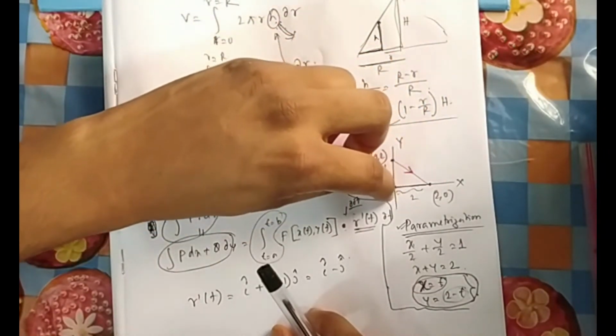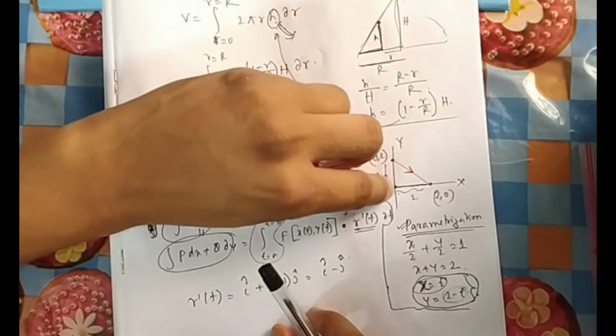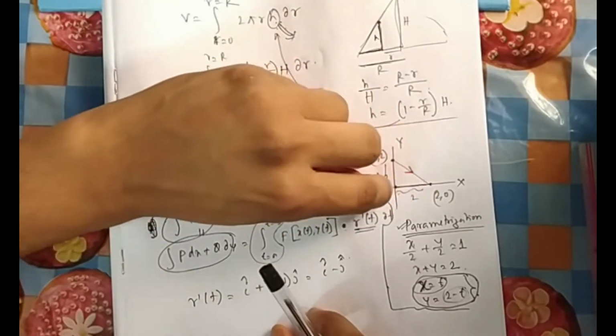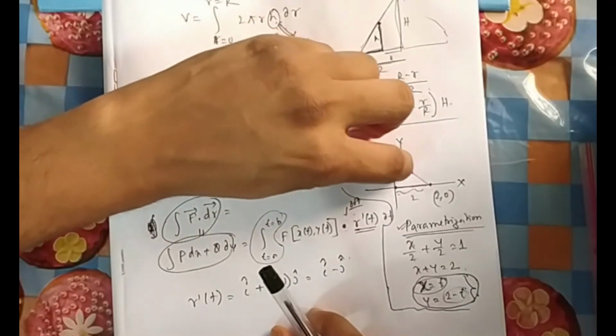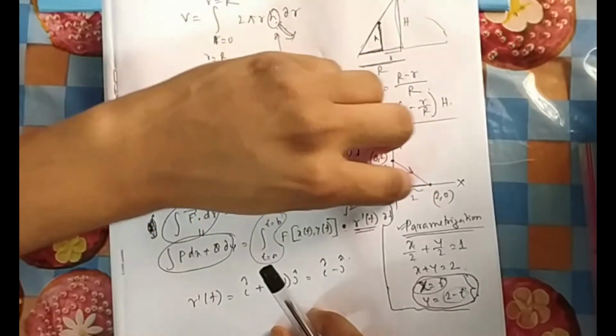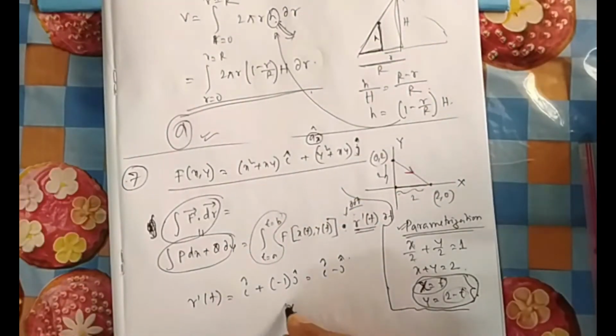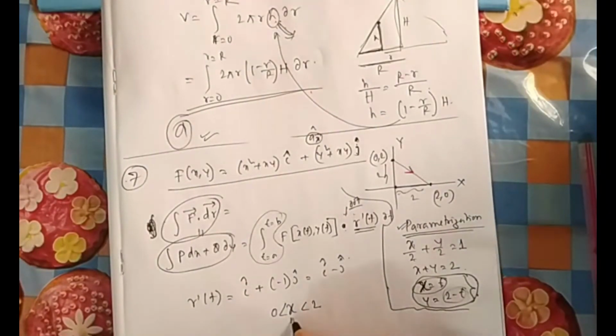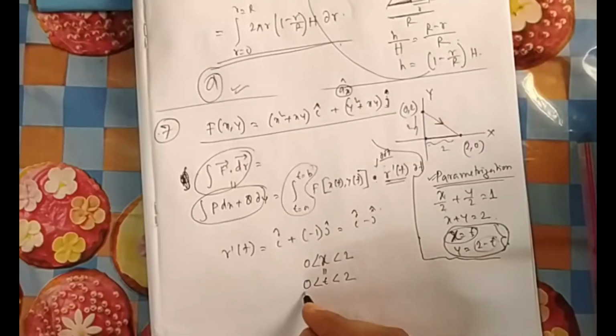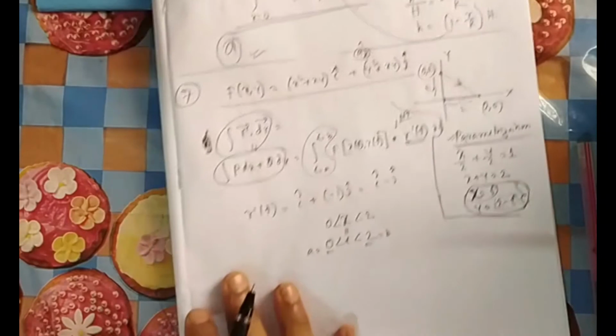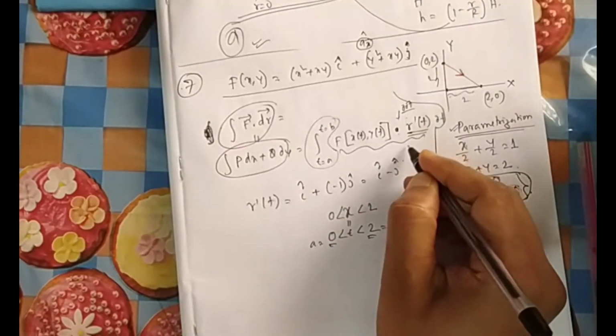Your x coordinate here is 0, and here your x coordinate is 2. So x is changing from 0 to 2. Since I have taken x equal to t, t is changing from 0 to 2. So my a is 0, b is 2. Now you have got a, b also. What do I need? I need this dot product.